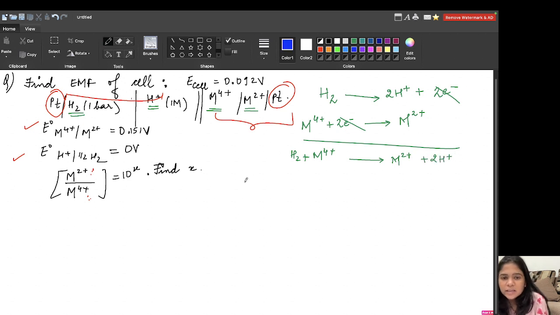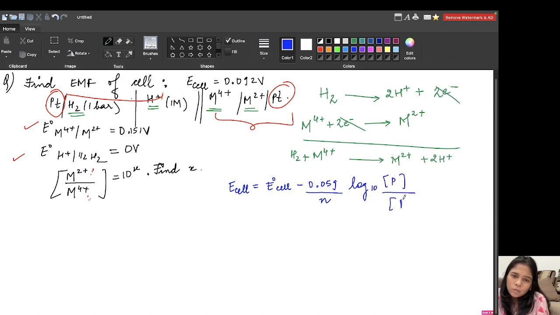Now how will you write E of cell? Same thing: E naught cell minus 0.059 by n log base 10 product by reactant. How will you find E naught cell? E naught cell will be E cathode minus E anode. Which one is cathode? Which one is anode? You are already aware of it.